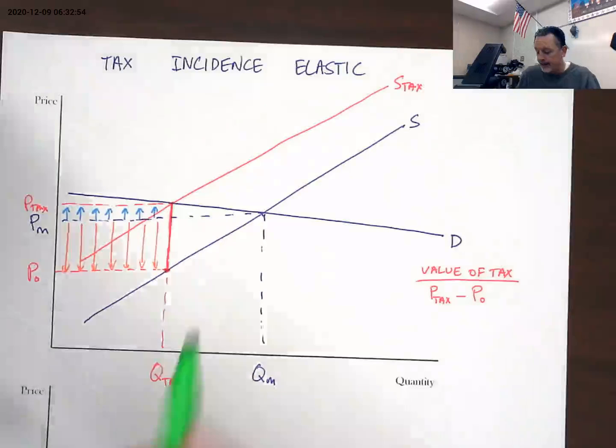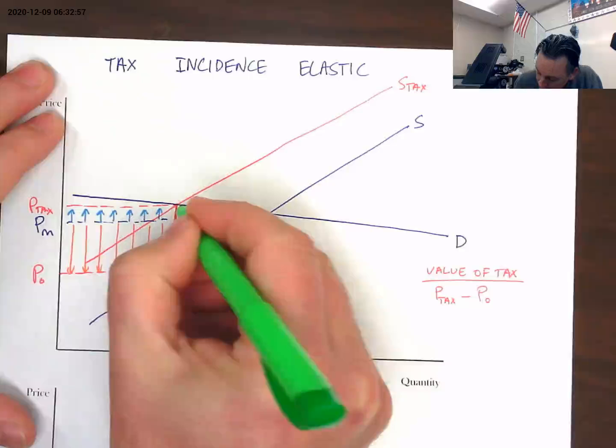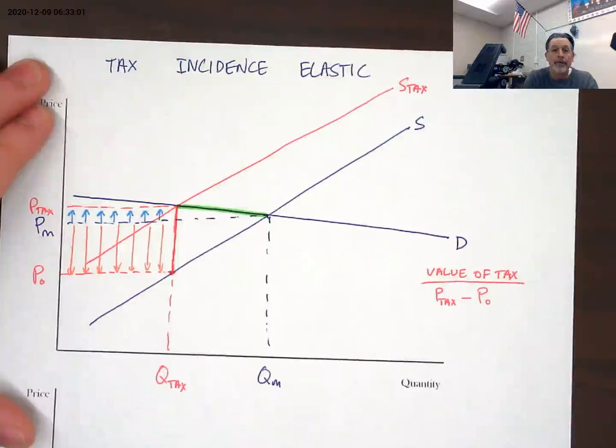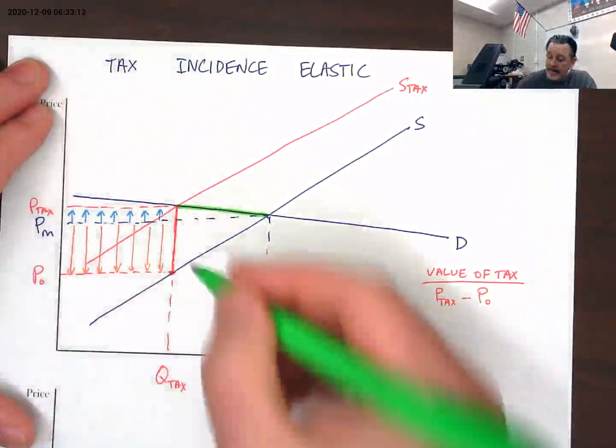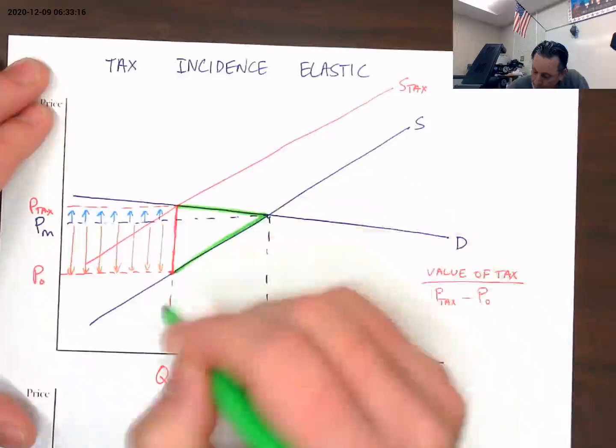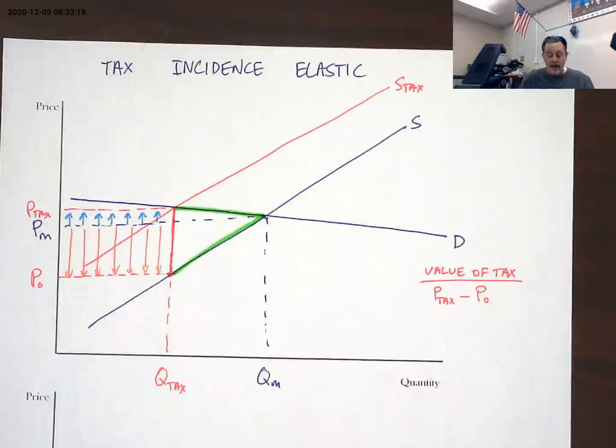And what we see here is a whole bunch of demanders that were removed from this marketplace. Those were people that at the market price would have participated, but now at the new tax price are unwilling or unable. And every time you remove a demander from the marketplace, we also remove that supplier from the marketplace.